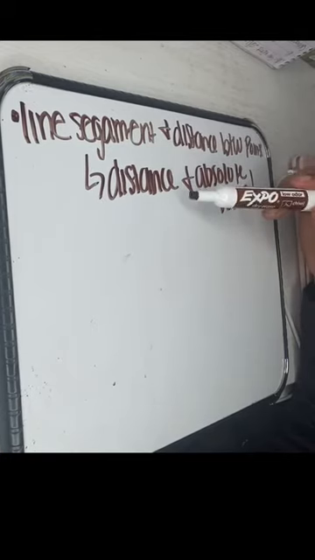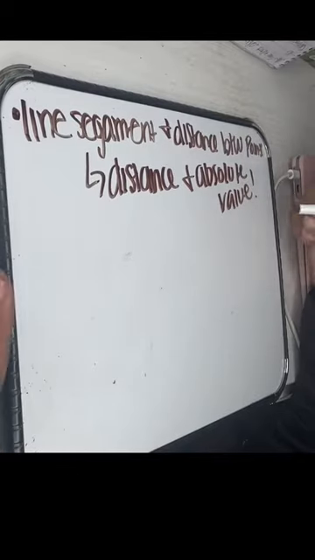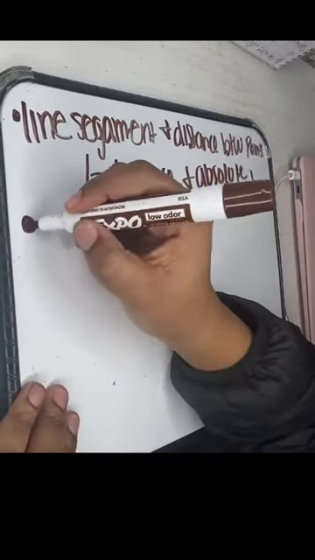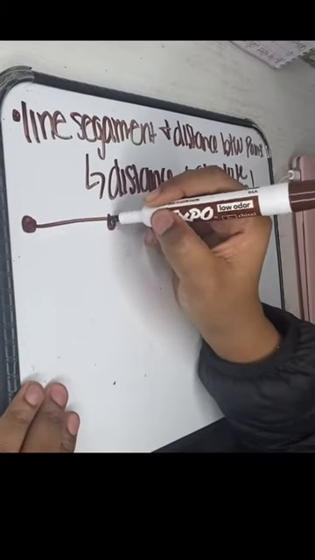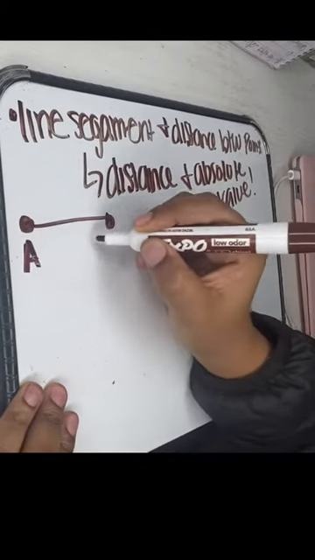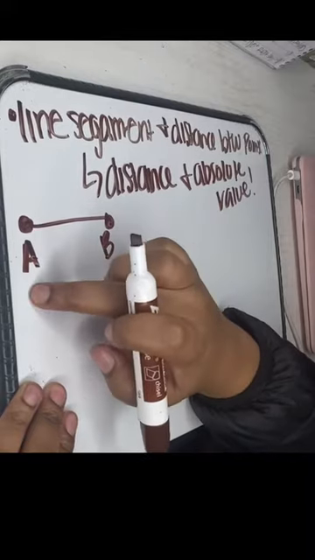Okay, so now I'm moving on to line segments and the distance between points. So distance and absolute value have something in common because you cannot have a negative distance, so it will always be positive. Therefore, distance and absolute value are connecting when they're dealing with each other. So this will be a line segment. You have a starting point, you have an ending point.